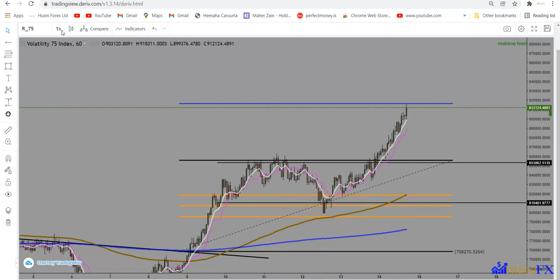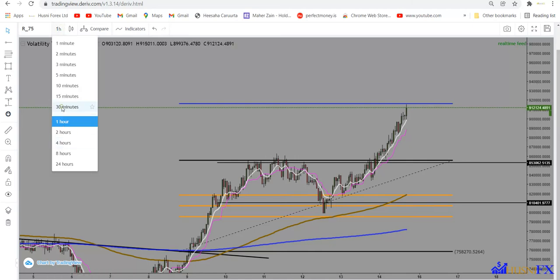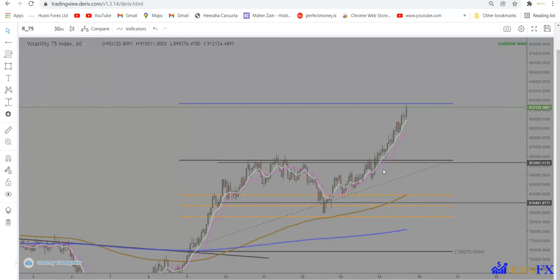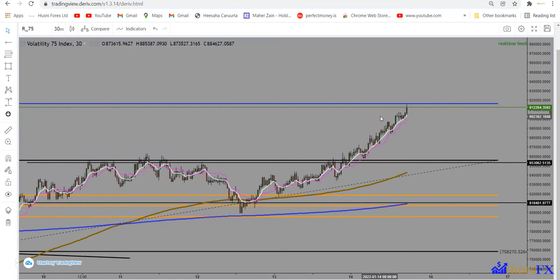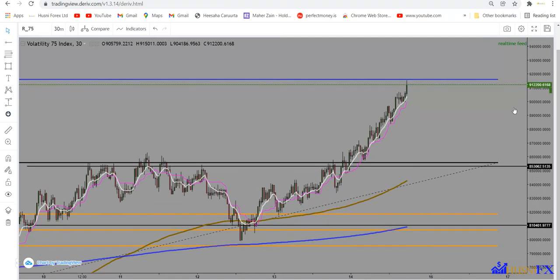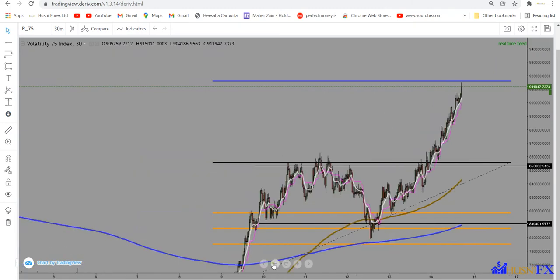So go to 30 minutes, because I can find other structures on 30 minutes, 15 minutes. So find out if there is a structure. You can see that the market is still in an uptrend, and you can see it has reached its high, and the price is at the resistance zone.